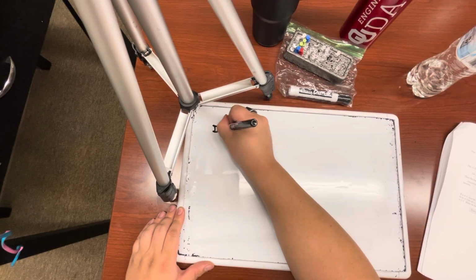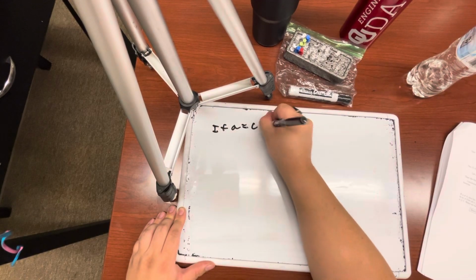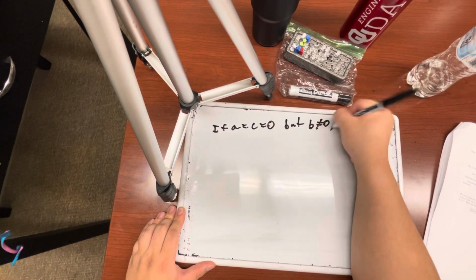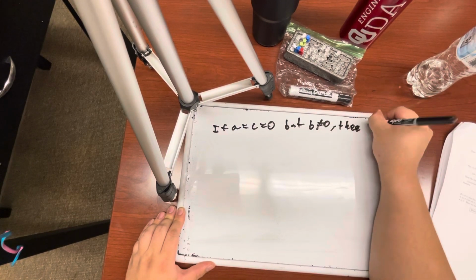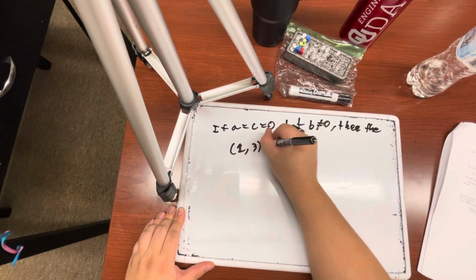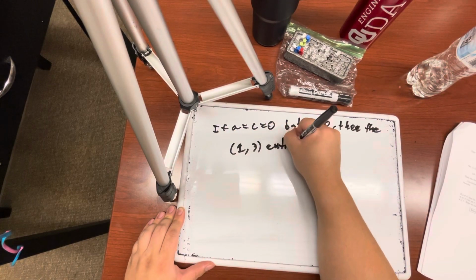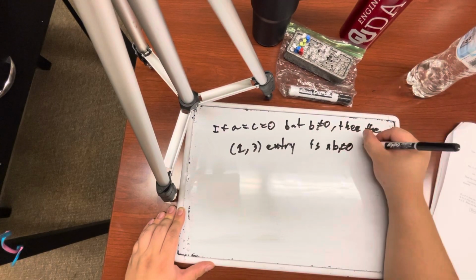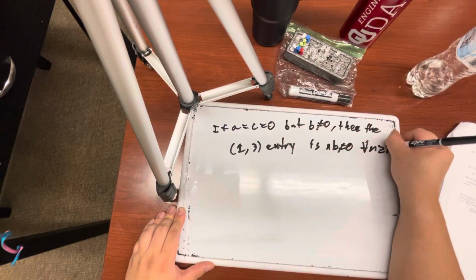So if a is equal to c, which is equal to 0, but b does not equal 0, then the first row, third column entry is nb, not equal to 0 for all n greater than or equal to 1.